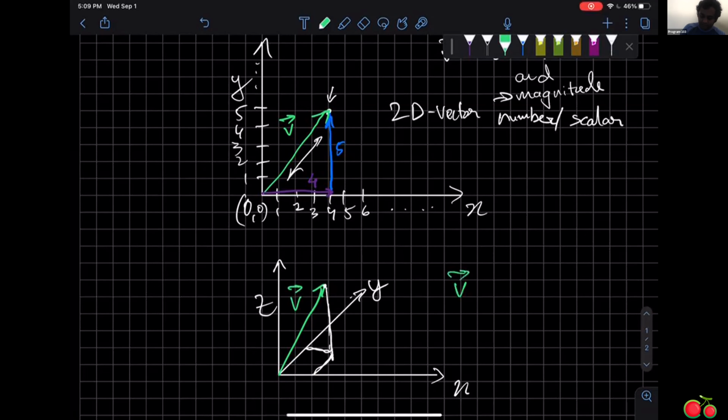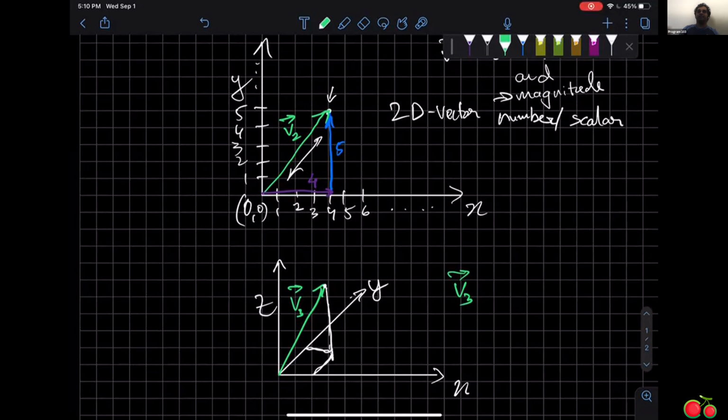Let me call this V3, because the earlier one is a vector in 2 dimensions and this is a vector in 3 dimensions. Even in 3 dimensions, just think of the world around you. You can move in 3 dimensions, so there is a sense of direction and a sense of motion.